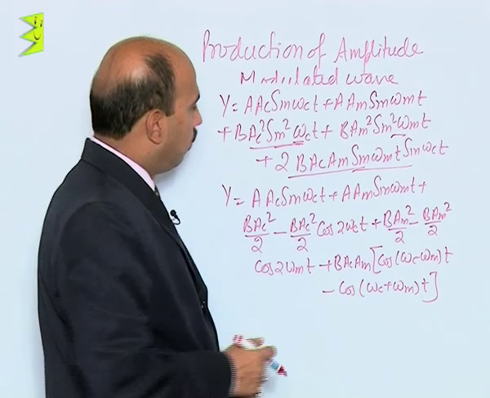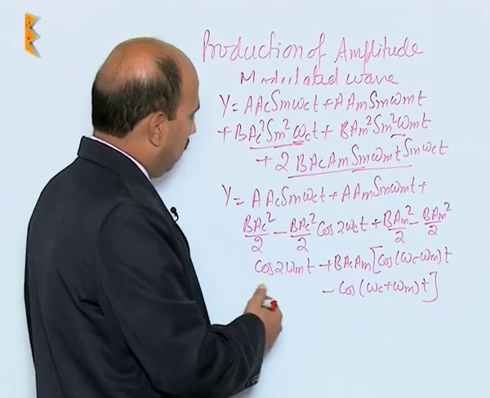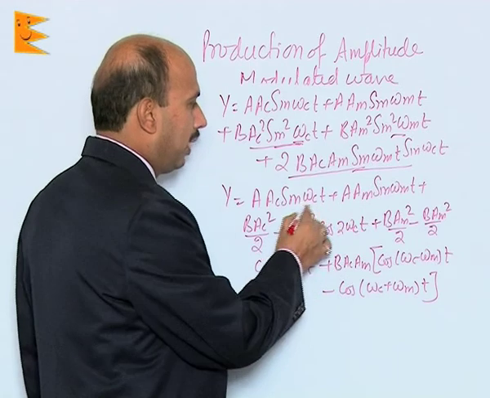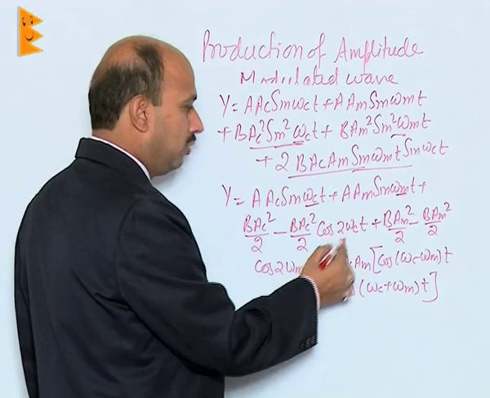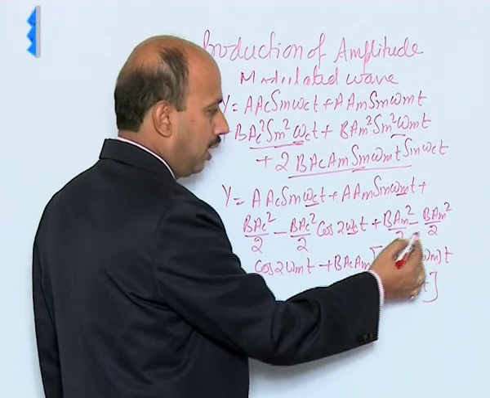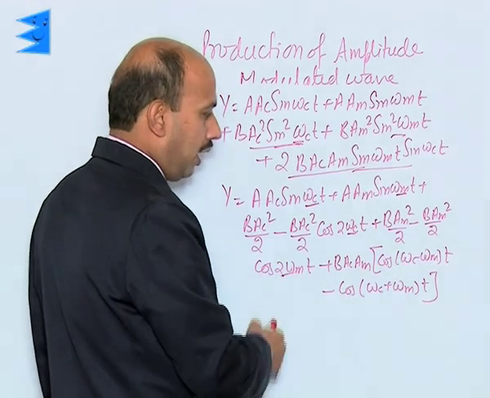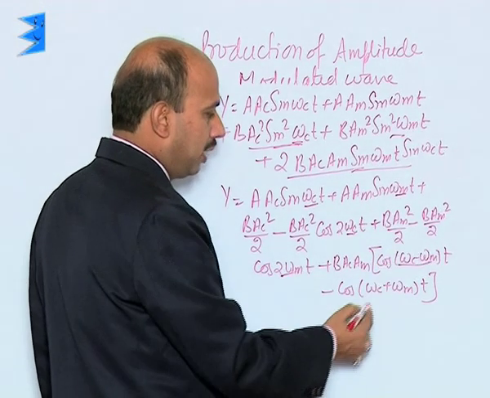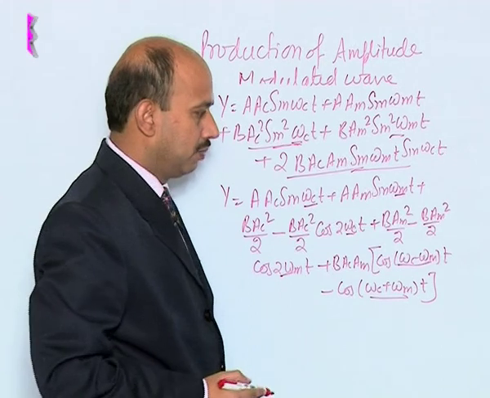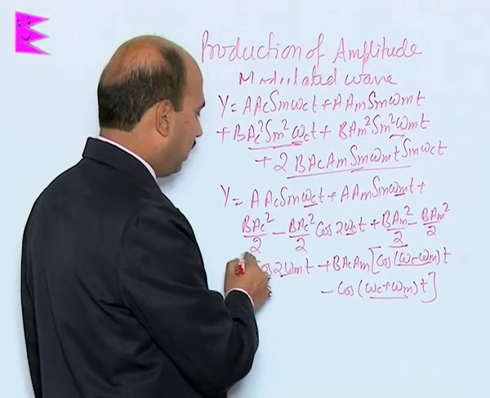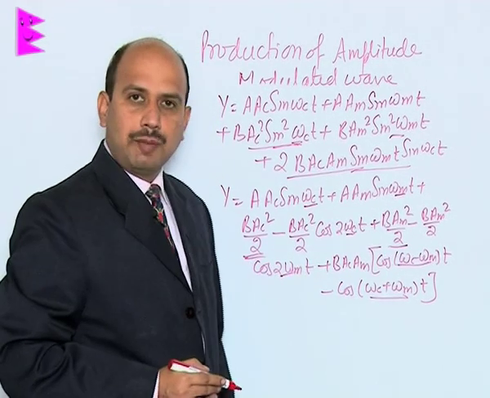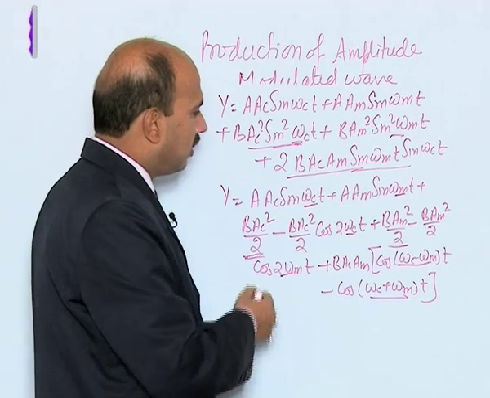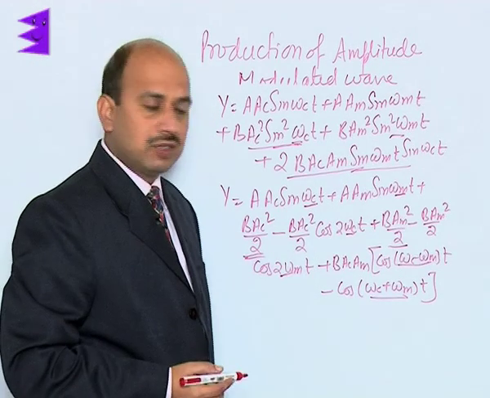Now in this equation we have so many frequencies: omega c, omega m, twice omega c, twice omega m, omega c minus omega m and omega c plus omega m. But these two are the DC components of the equation, the rest are variable, according to the sine function.